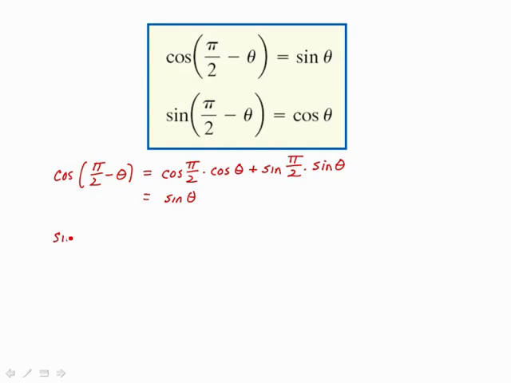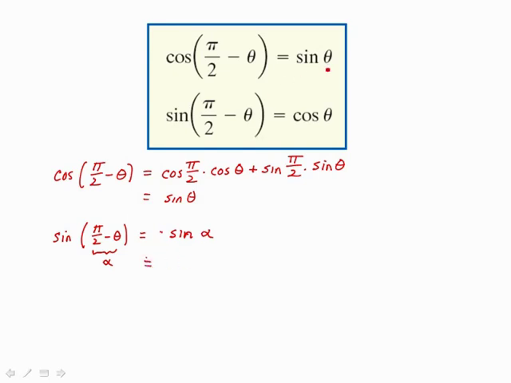The other one is pretty straightforward as well. The sine of pi over 2 minus theta. What I'm going to do here is essentially treat this like some angle alpha. Is that okay with you? And so I'm basically saying that this is going to equal the sine of alpha.